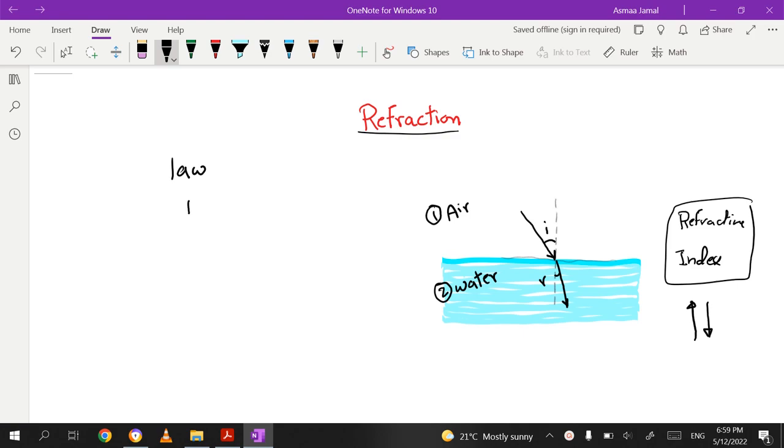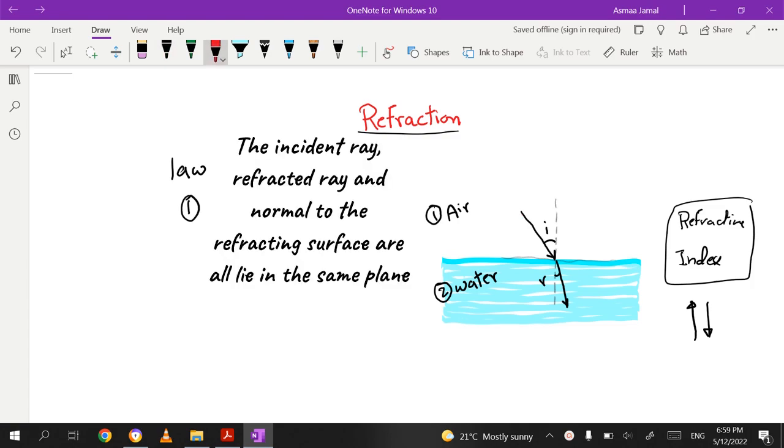So the first law in refraction states that the incident light and the refracted light and the normal to the refracting surface all lie in the same plane.